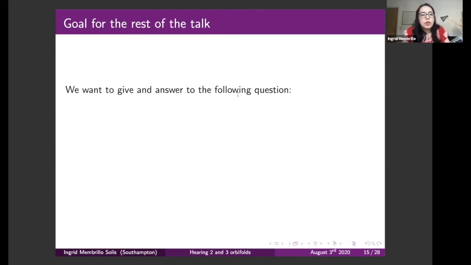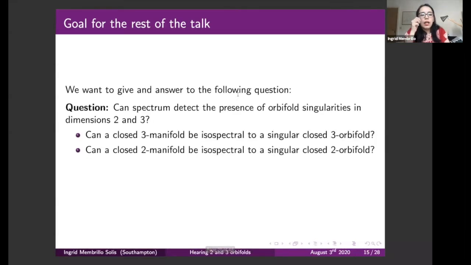But for the rest of the talk, we will be interested in giving an answer to the following question. As I said in the beginning of the talk, we are interested in seeing if we can hear the singularities of the orbifold. That is, can spectral data detect the presence of orbifold singularities, in particular in dimension 2 and 3.